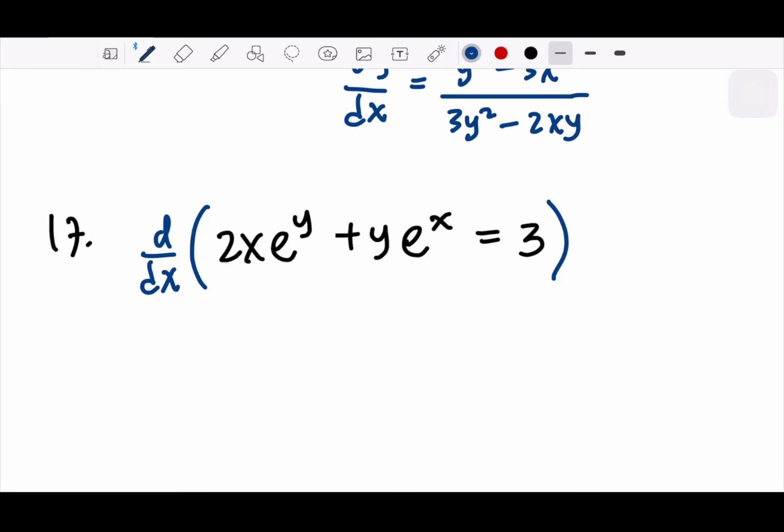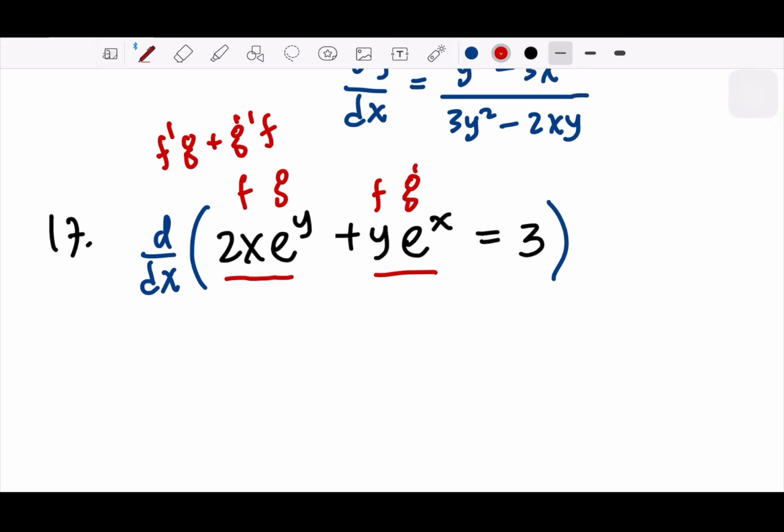Okay, now this is a product rule. Okay, so FG. Remember product rule, F prime G plus G prime F, right?